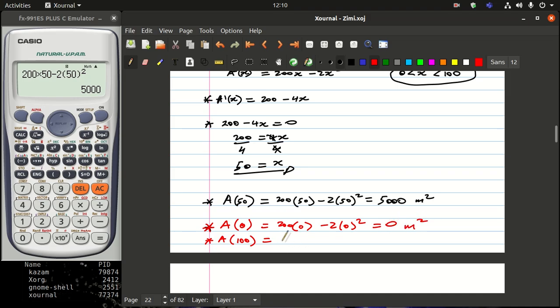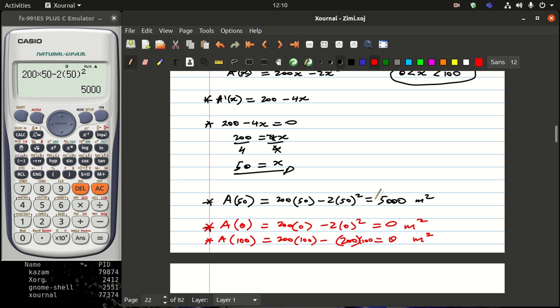And then we plug in 100: 200 times 100 minus 2 times 100 squared. 100 squared is 100 times 100, and 2 times 100 times 100 is 200 times 100. So we have 200 times 100 minus 200 times 100, so this is also 0 meters squared.